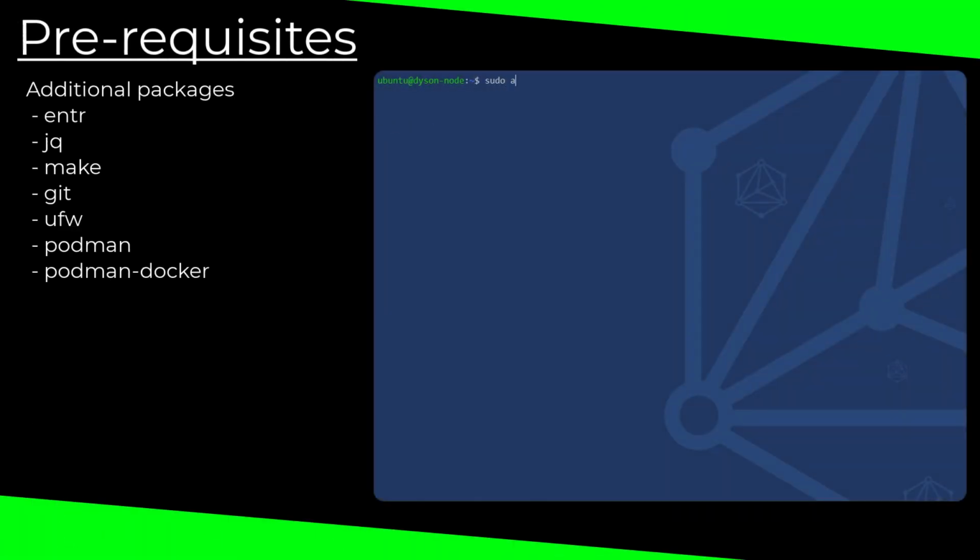The next step is to install all required packages. Those are listed on the screen, and we again use the apt package manager to deploy all the packages which will be required by the further node deployment.